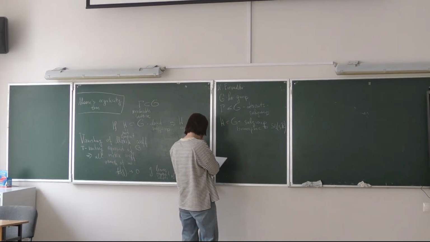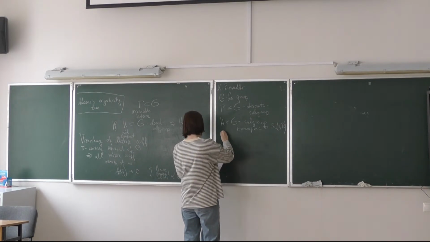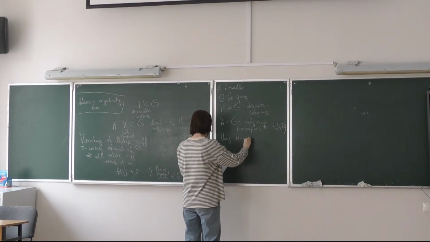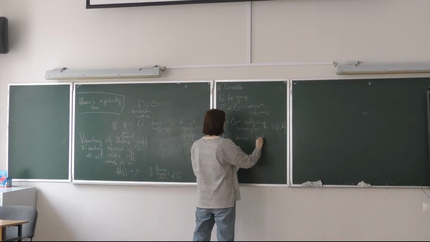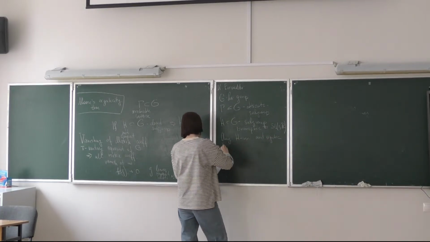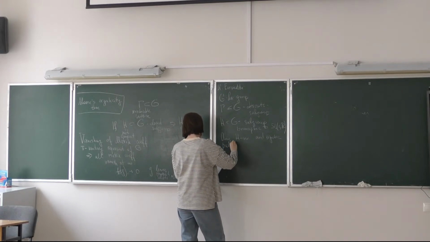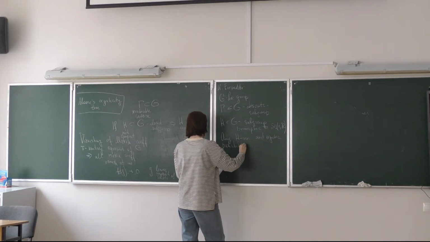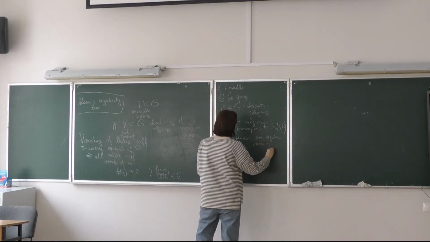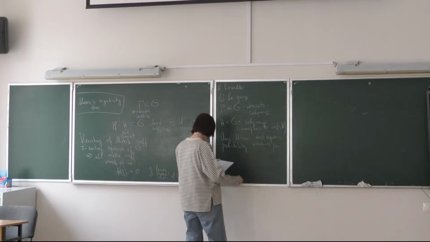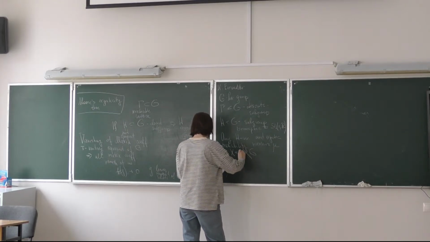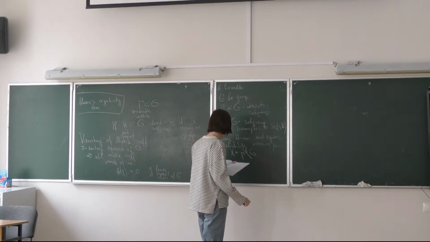What I want to say is that any H-invariant and ergodic probability measure mu on the homogeneous space X, given by the factor of G by Gamma, is homogeneous.